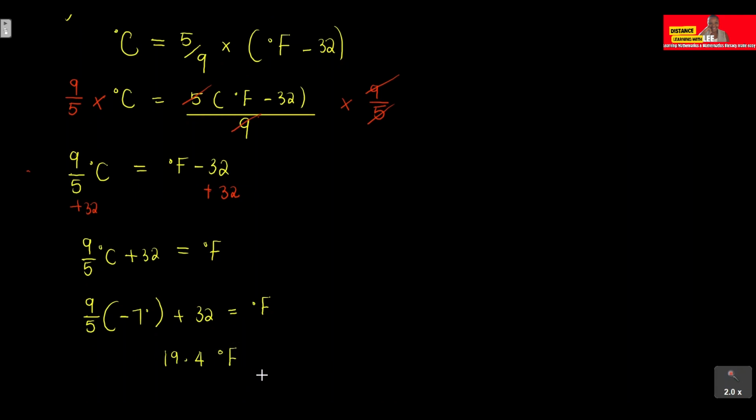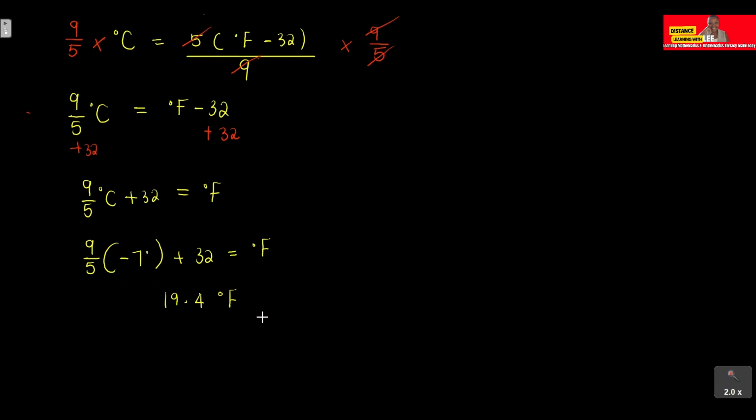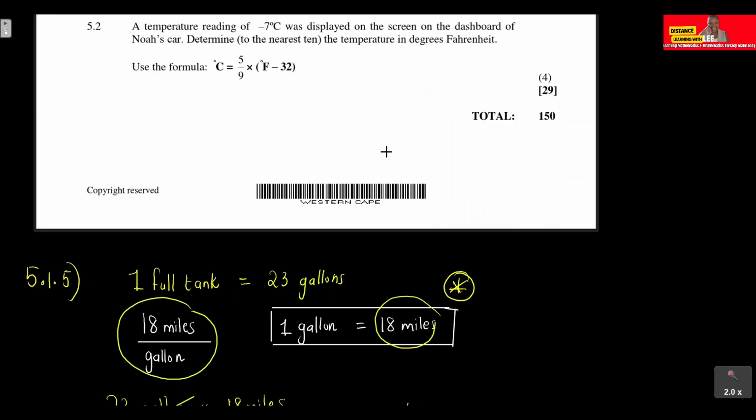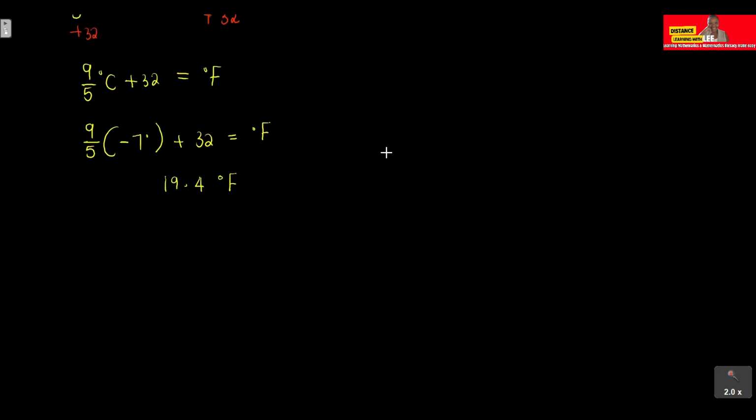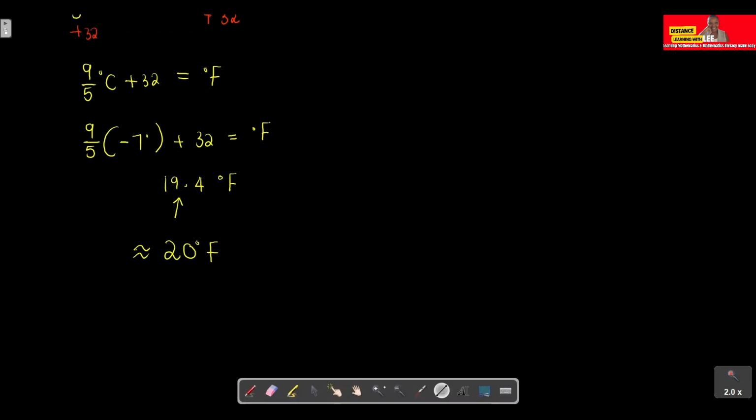However, the question asked us to round this off to the nearest 10. So we're looking at the units digit, and the unit digit is a 9. That means that we are going to round up, and that is approximately equal to 20 degrees Fahrenheit. That is the final answer for this question.